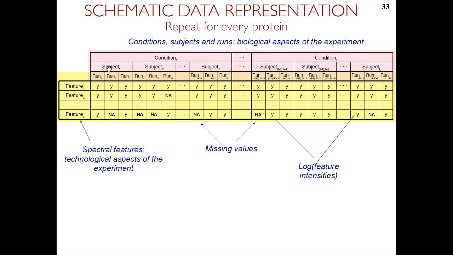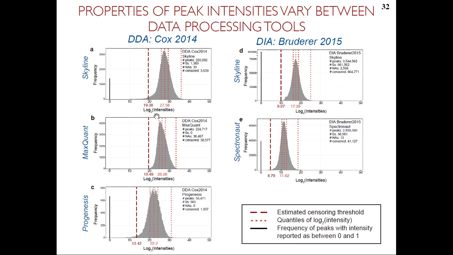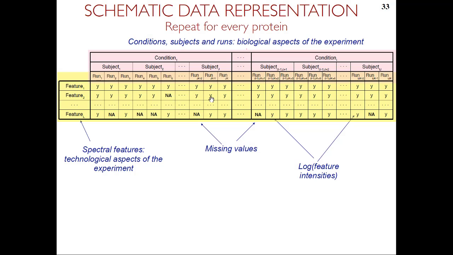We may have technical replicate runs for each subject. This is where the experimental design plays out. The rows are more the technology, because we just happen to quantify proteins with multiple features. The values in the table are log intensities. Some of them have missing values. So we came from here, and now we have the data set for one protein that looks like that.